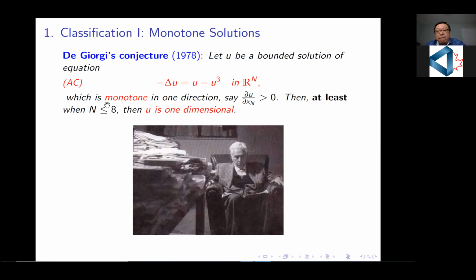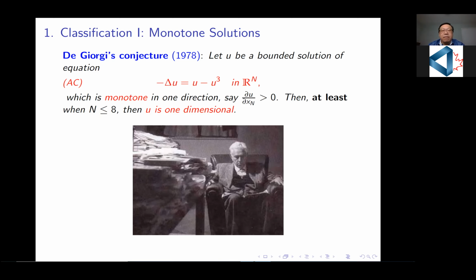This dimension 8 appears because Giorgi is one of the founders of minimal surface theory. In minimal surfaces, we know that when dimension n is less than 8, all minimal graphs are planes. And for n greater than 9, there are non-trivial minimal graphs. So when Giorgi made this conjecture in 1978, he already knew that there may be some connection between this problem and minimal surfaces, and that's why the dimension 8 appears.